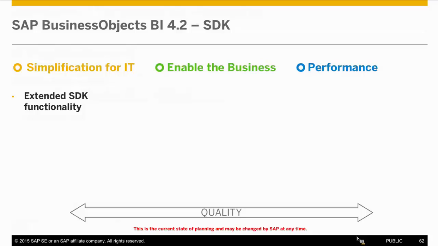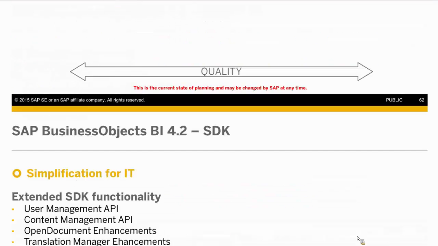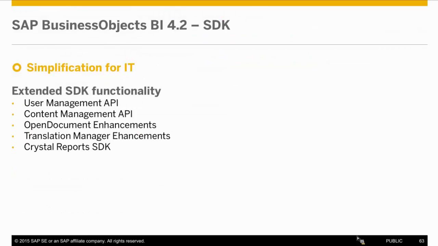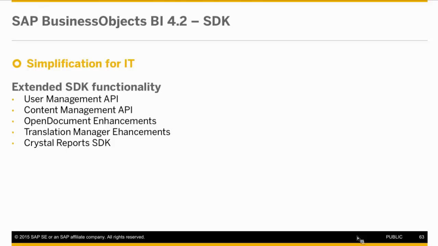But there are many more being added and updated within 4.2. And for the full list, I'm happily referring you to the L2 deck, where I have a longer list of functionality that we added. A quick high-level: user management, content management, open document, translation manager, and Crystal Reports SDK have been further enhanced.